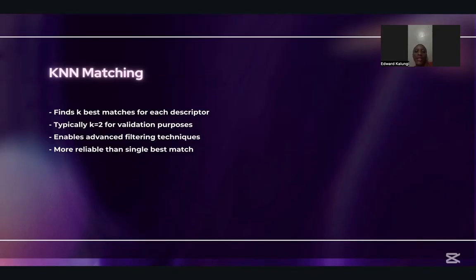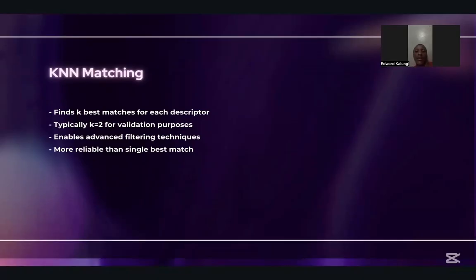For each descriptor in the first image, KNN finds the top K nearest descriptors in the second image. K is usually set to 2 so that 2 nearest matches are retrieved. This allows us to apply filtering techniques like Lowe's ratio test to refine the matching and reduce incorrect matches. It compares each descriptor in image 1 with descriptors in image 2 and finds the K best matches.